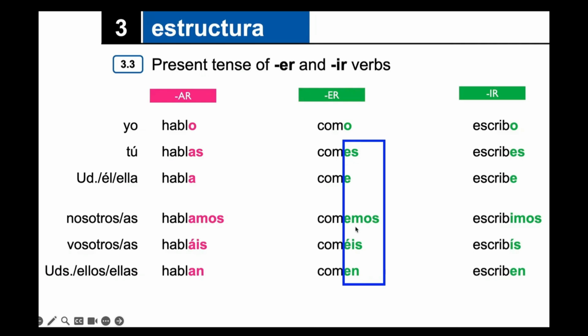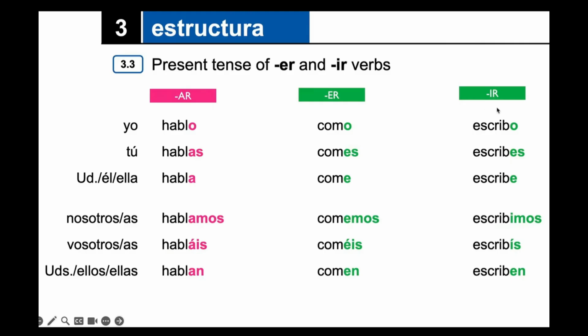Es, emos, éis, en. Why? Because we're talking about er. Okay, so that's pretty easy. If you already know how to conjugate ar, o, as, a, amos, áis, an, then er endings are pretty similar. O, es, e, emos, éis, en. So all you did is just change the a to an e.